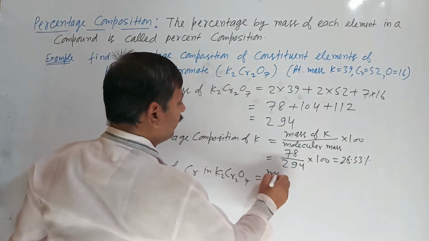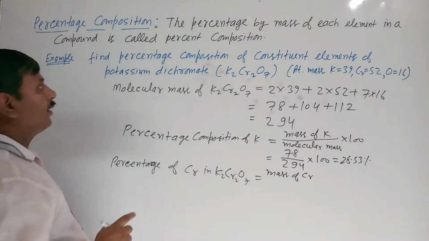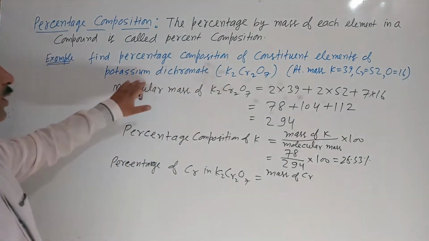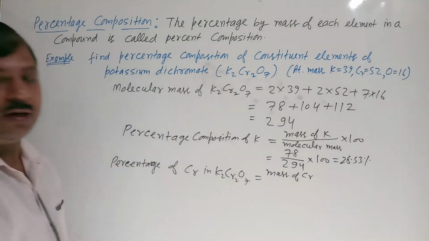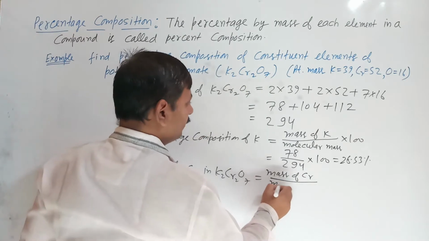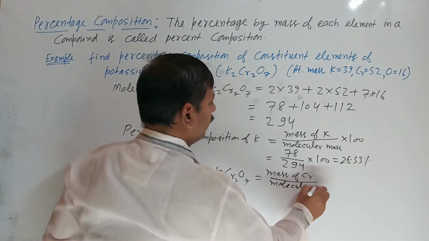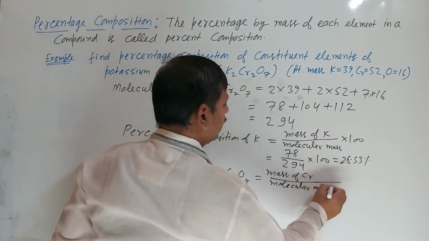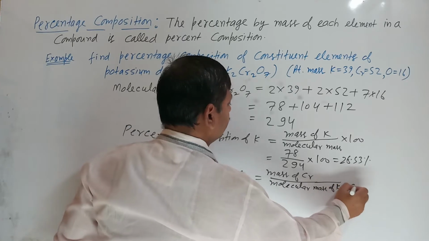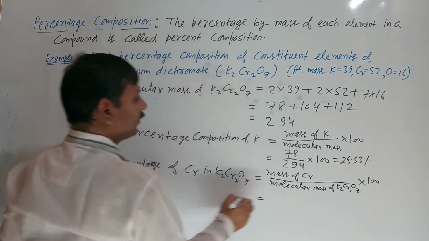Same way, mass of Cr present in potassium dichromate, divided by molecular mass of potassium dichromate, multiplied by 100.